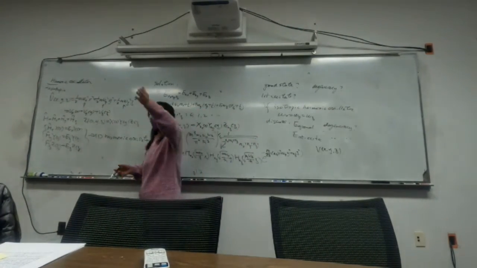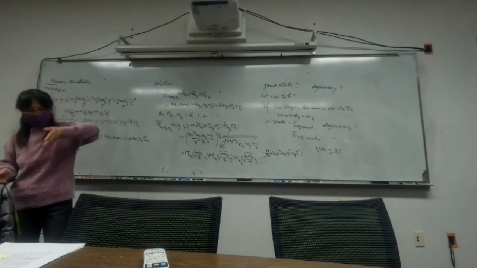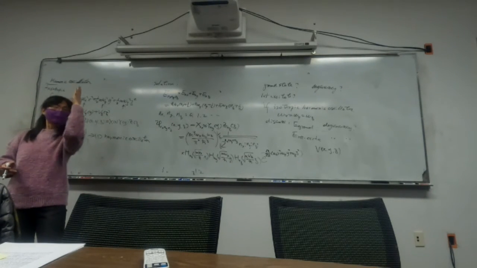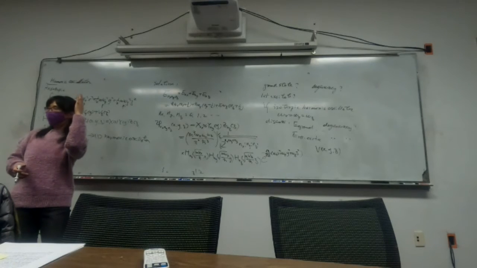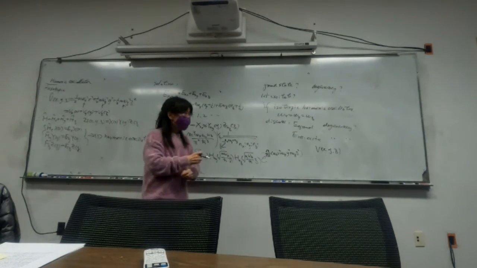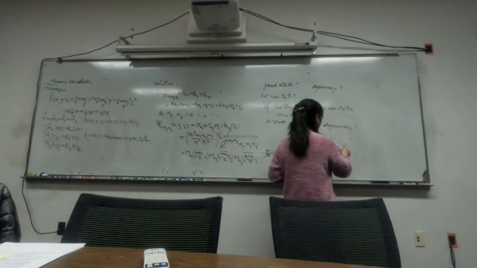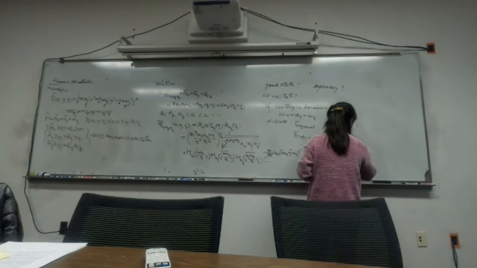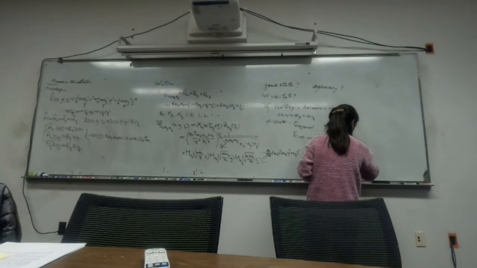For example, along x it is a harmonic oscillator, along y it is a box potential. Then you put them together, and that is the total potential for this system. You first need to analyze whether this potential is separable.